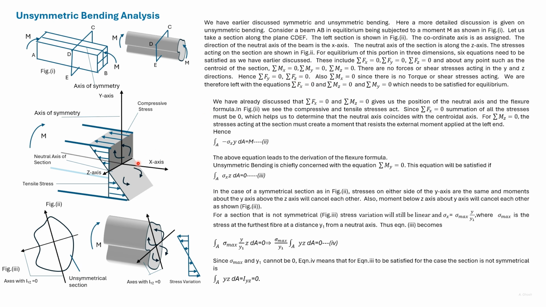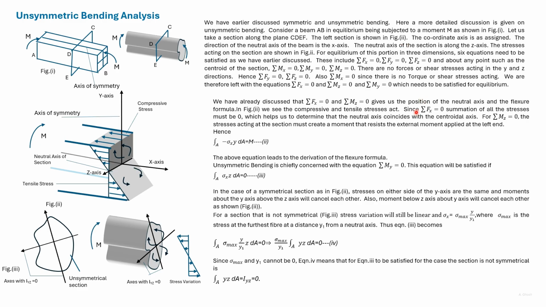Now there are no forces or stresses acting in the Z and the Y direction. There's also no moment acting about the x-axis. So we need not worry about these 2 equations and this equation.